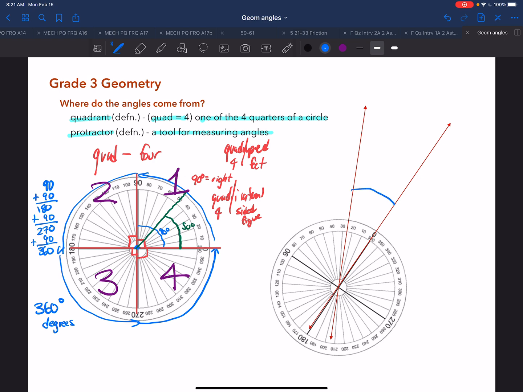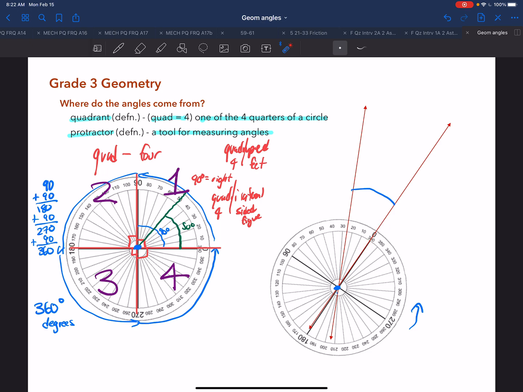We take the protractor and we move the center of the circle to the vertex of the angle, where the 2 lines meet, the intersection. And then we turn the protractor so that the 0 is on one of the lines, like so.